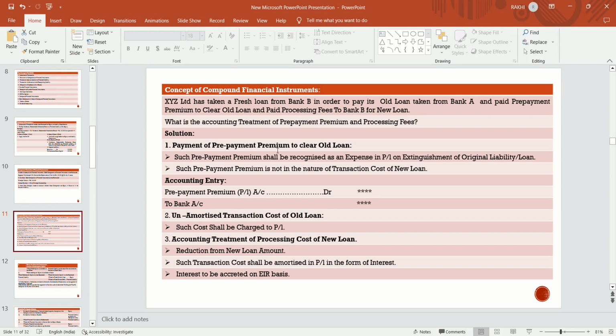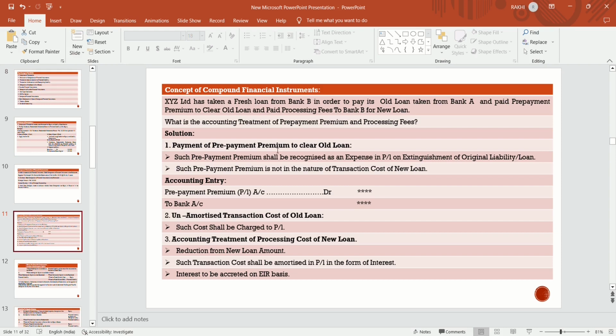Also, in order to take the new loan, the bank has charged processing fees. So these two payments, the prepayment premium and the processing fee: will both these costs be treated as a transaction cost or not?